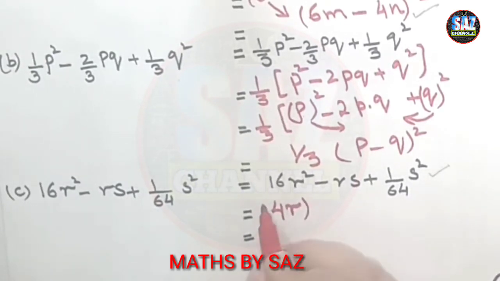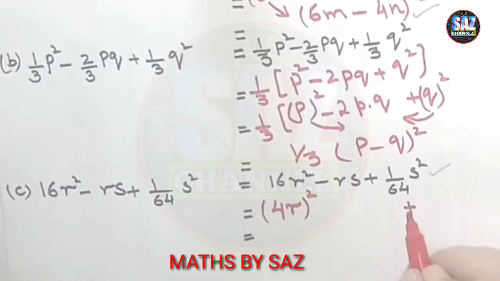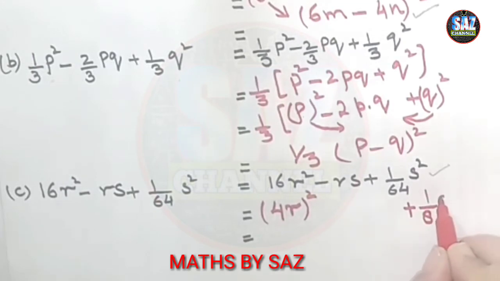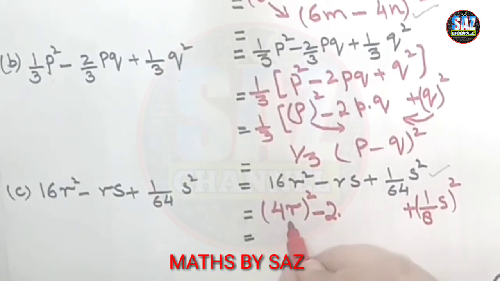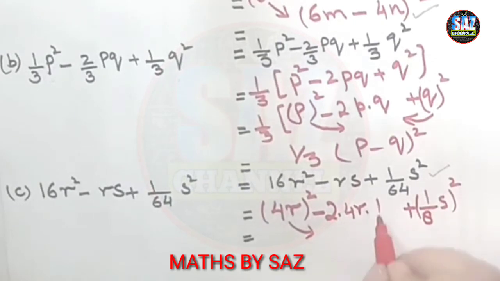So I will write it 4r whole square, and for 1 over 64, what is the number whose square is 64? That is 8. 1 over 8s whole square, and coming to the middle place, 2 from the formula, a from the first bracket, that is 4r, and b is 1 over 8s.